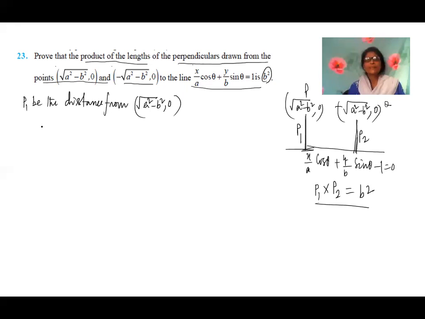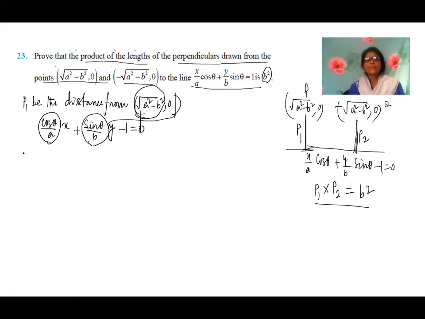Let me write the line in a proper form: cos θ/a · x + sin θ/b · y − 1 = 0. When I find the distance, x1 will be multiplied with cos θ/a and y1 with sin θ/b, which is 0.